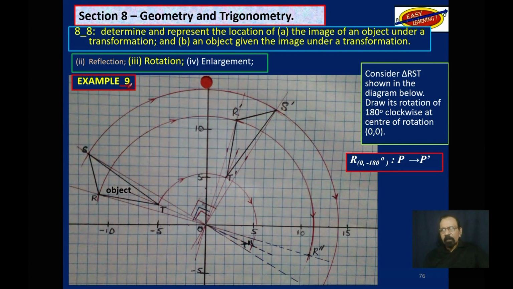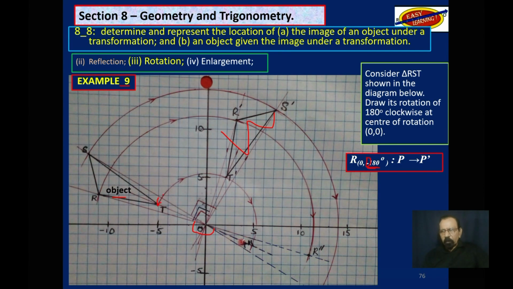Now example 9, we are going in a clockwise direction of 180, and that is indicated by negative. So if this is our object, let's bypass that and come to this one. You know how to do that. Draw these lines from S to the origin going straight through all three of them, because it's 180 degrees. And then from each point, you mark off the same distance over on this side.